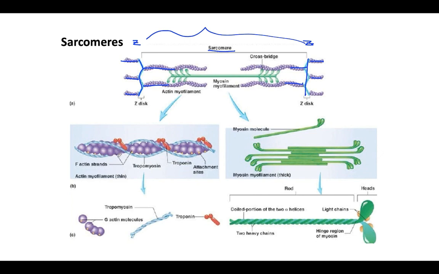Actin myofilament, we saw the molecular structure just before, and here's actin protein polymerized to form a twisted double linear structure, and outside the polymerized actin protein, there's tropomyosin, a string structure of tropomyosin wrapped around actin filament, and also troponin associated with actin filament.